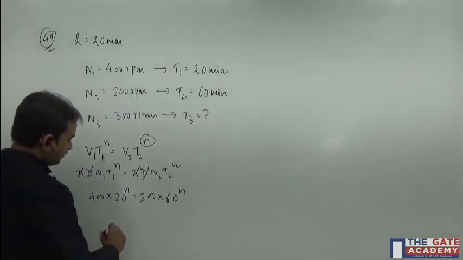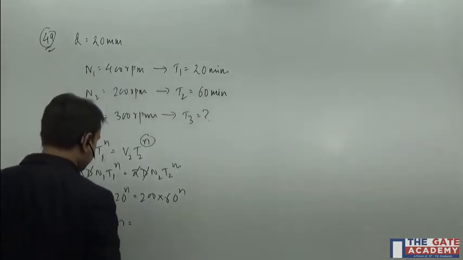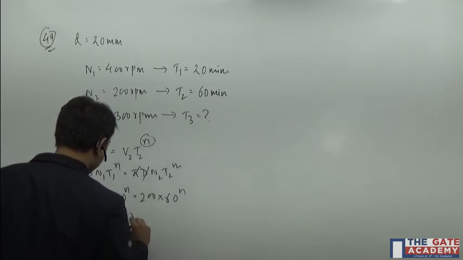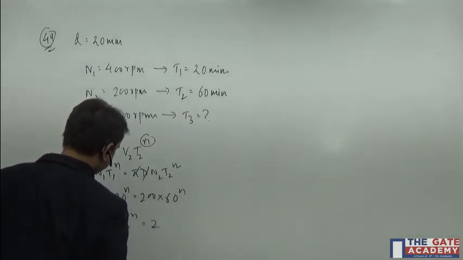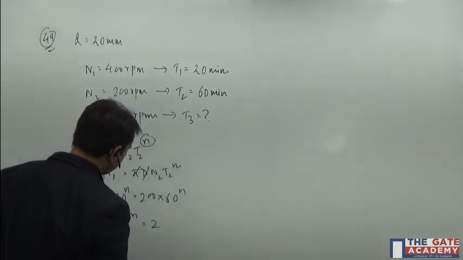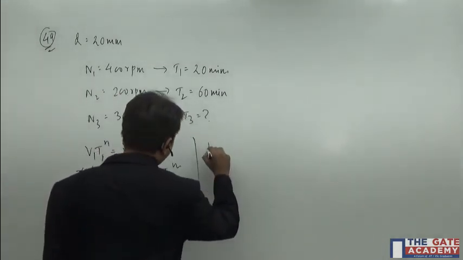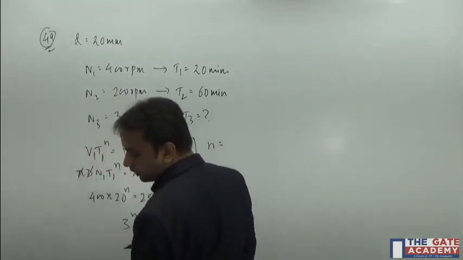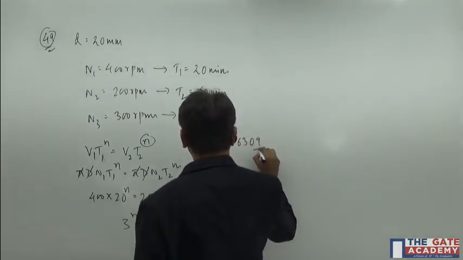So from here you can compute the value of n, which is going to be 60 by 20, that is 3 to the power n, and 400 by 200 is 2. If you compute, you get 0.6309. 0.6309 is the value for n.